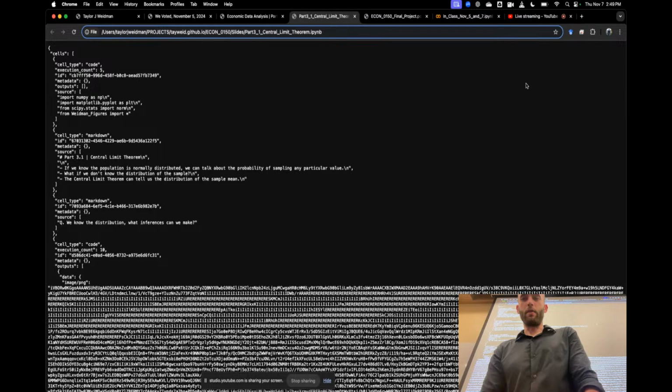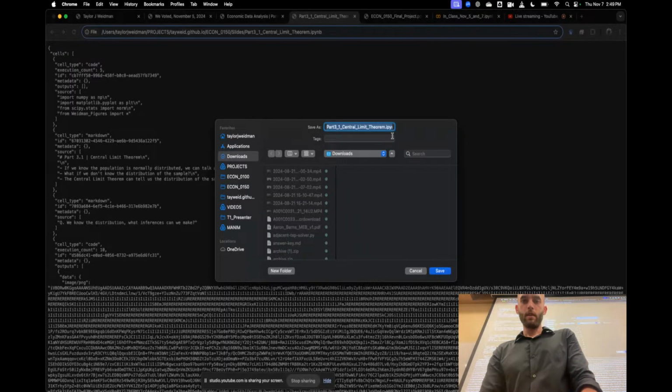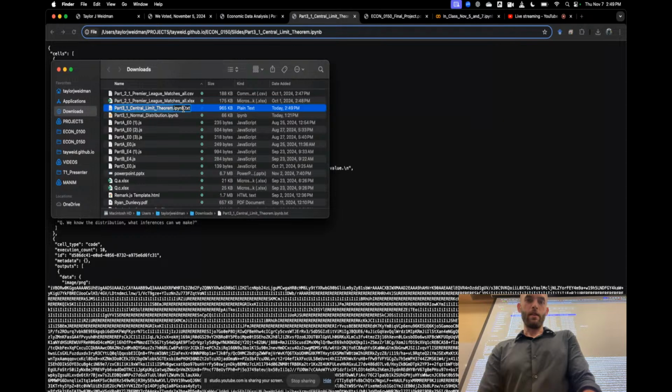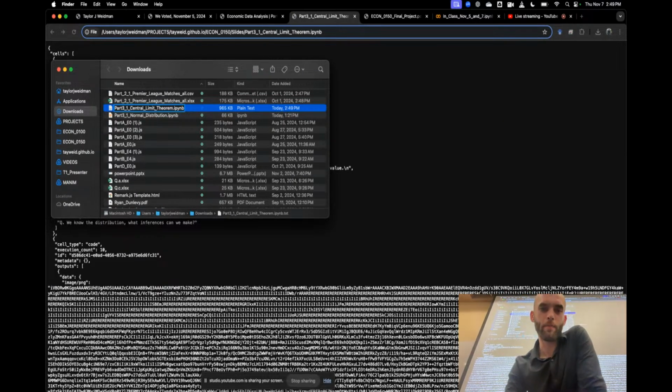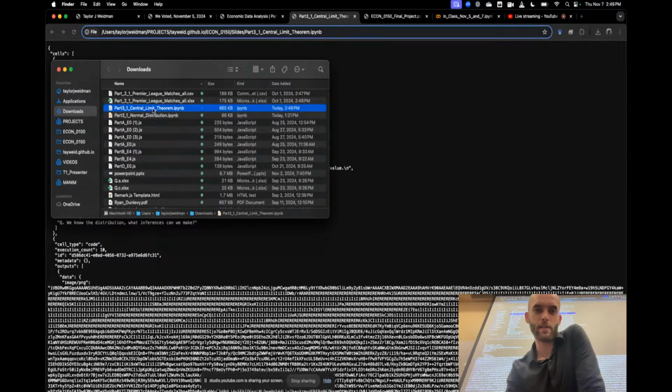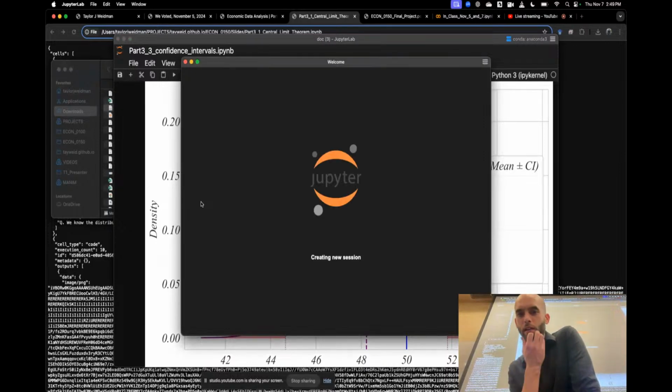If you download this, it will put txt at the end. Unfortunately, you have to save this and then rename it with ipynb, and then change the file extension, and then you can open it.